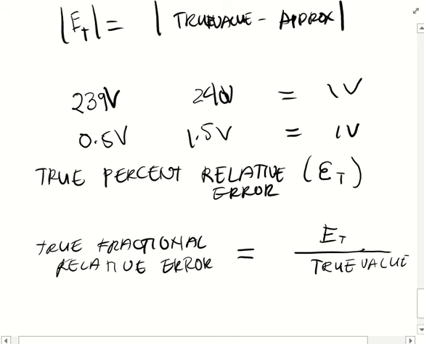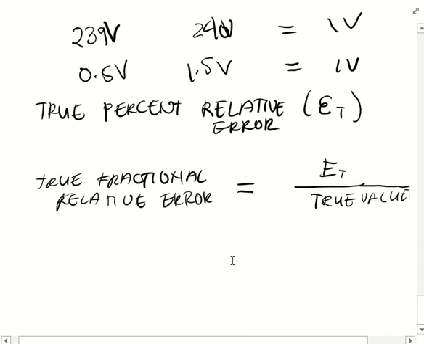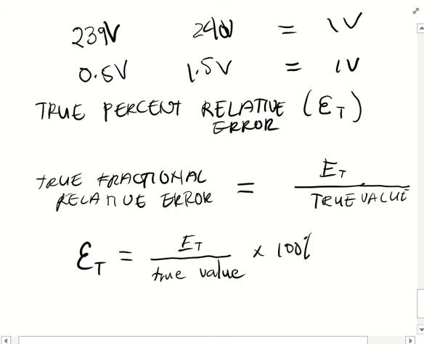We need to compare our error with our true value. So this is fractional. But for a percent, epsilon t, percent relative error, you just multiply it with 100. E divided by the true value, and we multiply it with 100%.